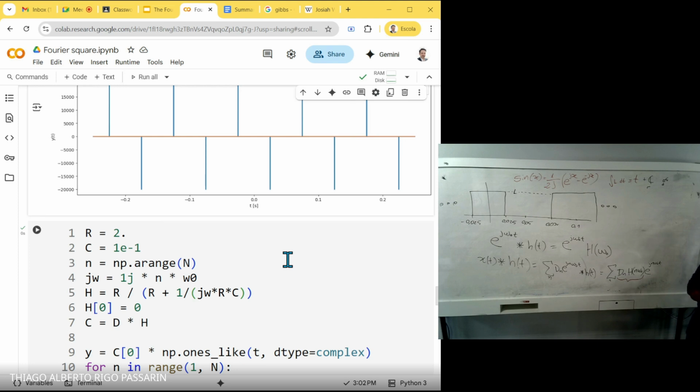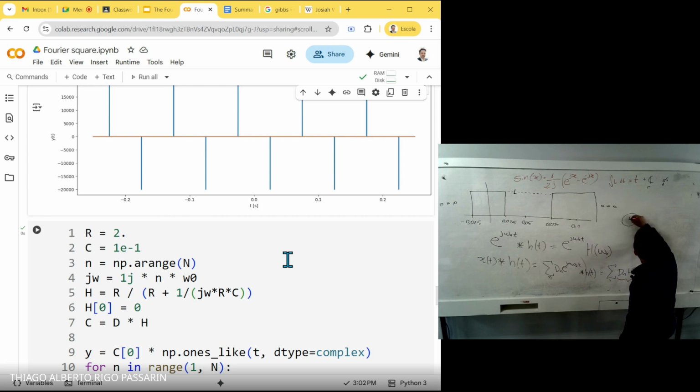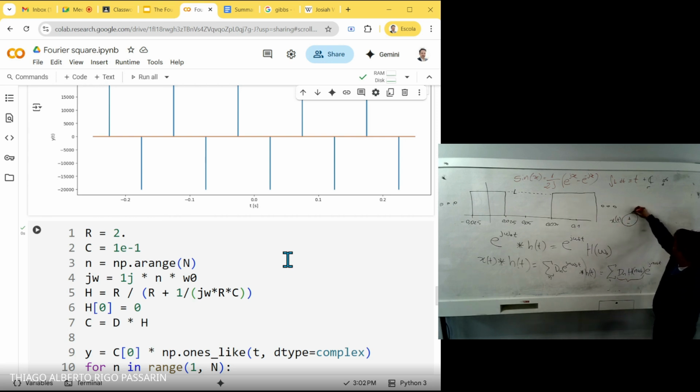Then let's go to an example with an RC circuit. I have a circuit where my x of t is a voltage source.